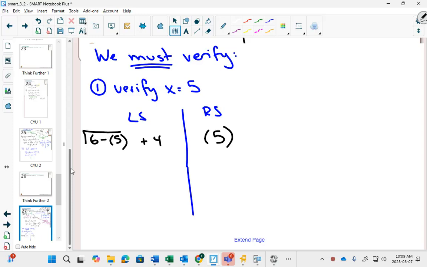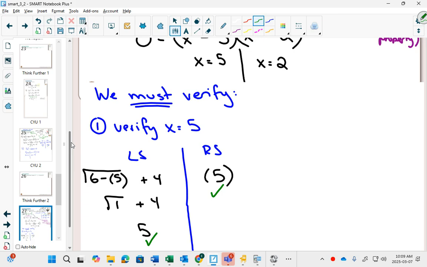My right side, I'll plug in 5 for the x. So 6 minus 5 is the square root of 1. Square root of 1 is 1, 1 plus 4 is 5. We have verified x equals 5. I'll put a check mark under that one.